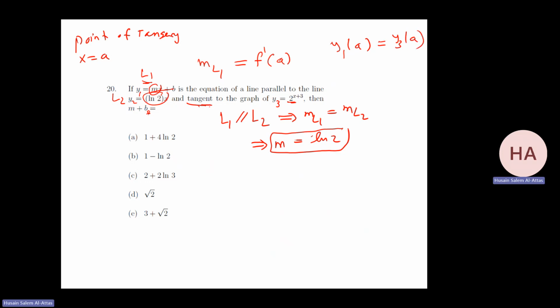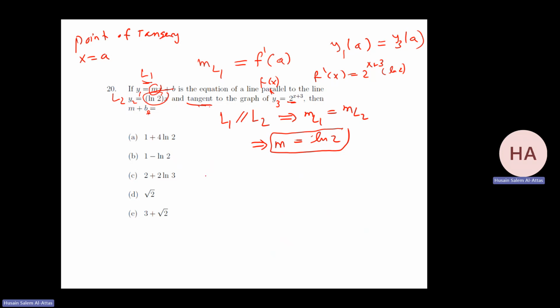Okay, now let me use this to find B. M, L1, that means M, what is f prime? I mean y3 prime. This is f of x, we call this f of x. So f prime at x will be 2 to the power x plus 3 times ln2. Derivative of x plus 3 is 1.